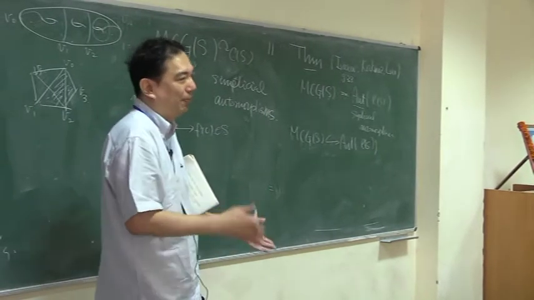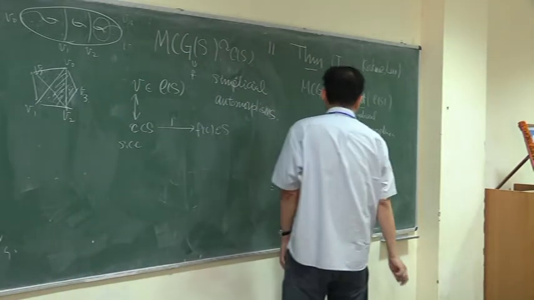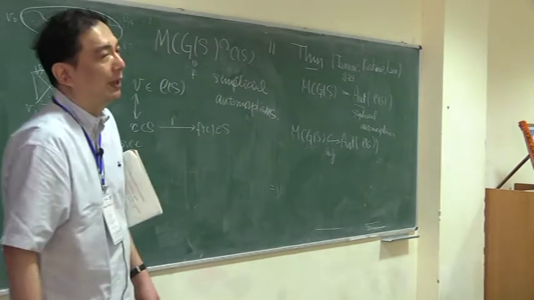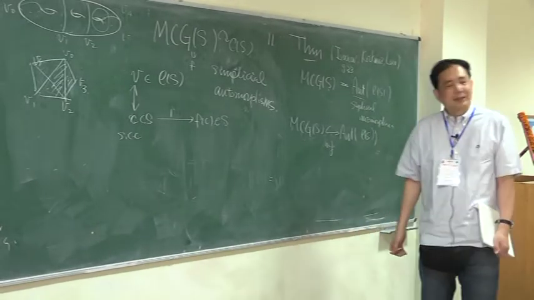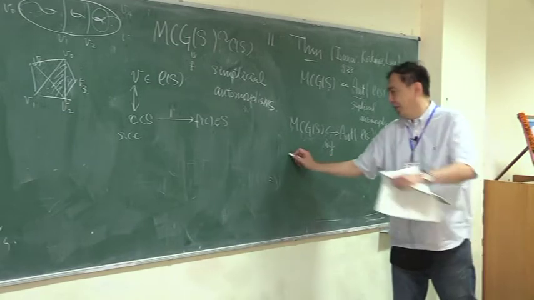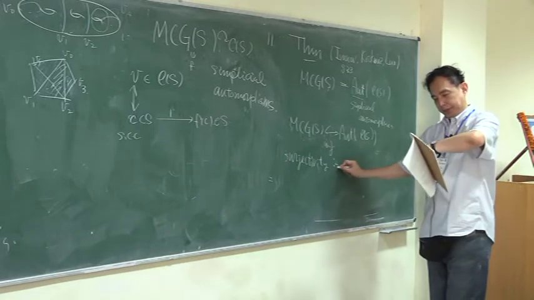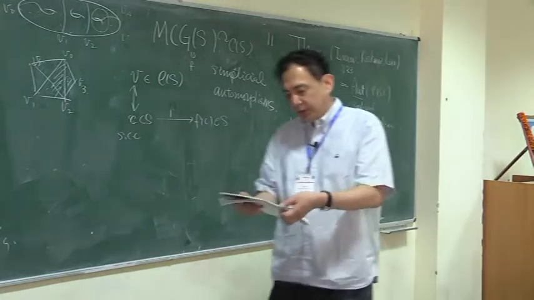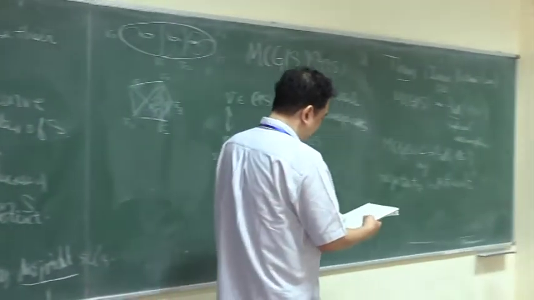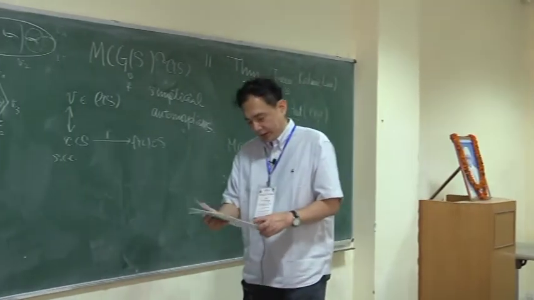They should be homotopic to each other. So the injectivity is easy, an injective embedding of the mapping class group into the automorphism group. What's difficult to show is the surjectivity. So in the remaining 7 minutes or so, I will show how the surjectivity was proved by Ivanov.